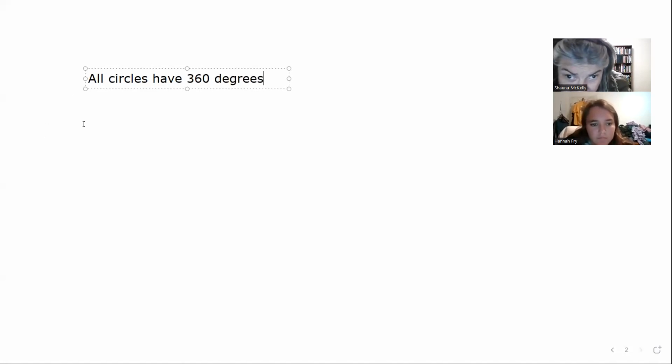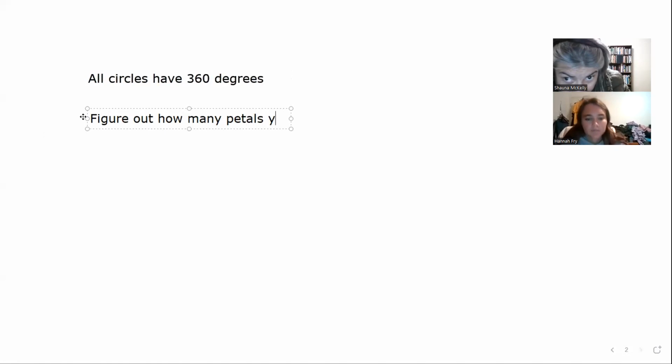First of all, and I know it sounds obvious, this is how you start. You figure out how many petals your curve has. And again, that's determined by whether n is even or odd.